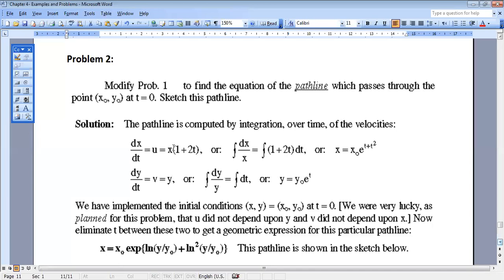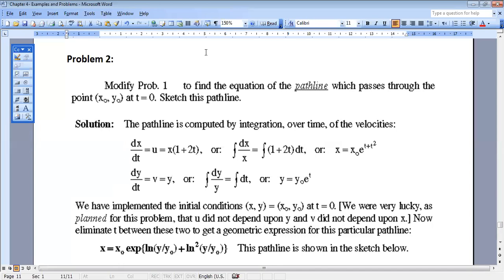So dx by dt is equal to u, and dy by dt is equal to the component of velocity of the flow field along y, which is v. Now if you want to find the path line, you should integrate these two relations to find x as a function of time and y as a function of time.